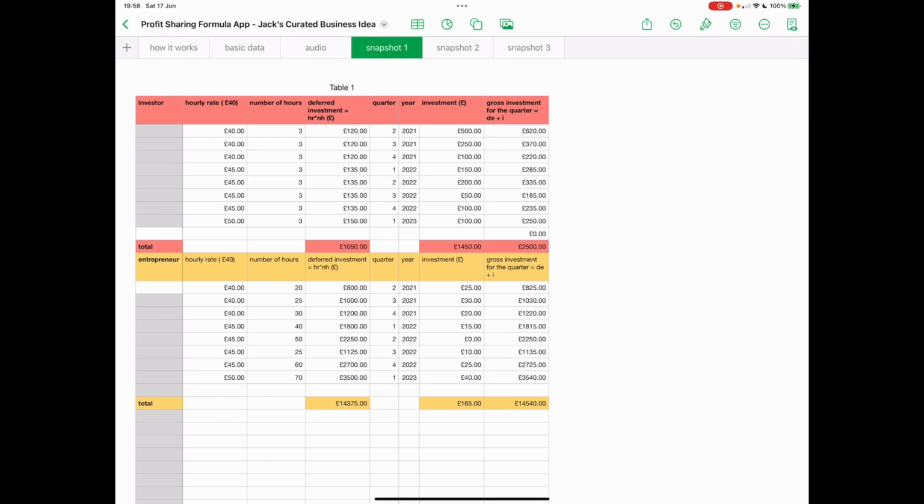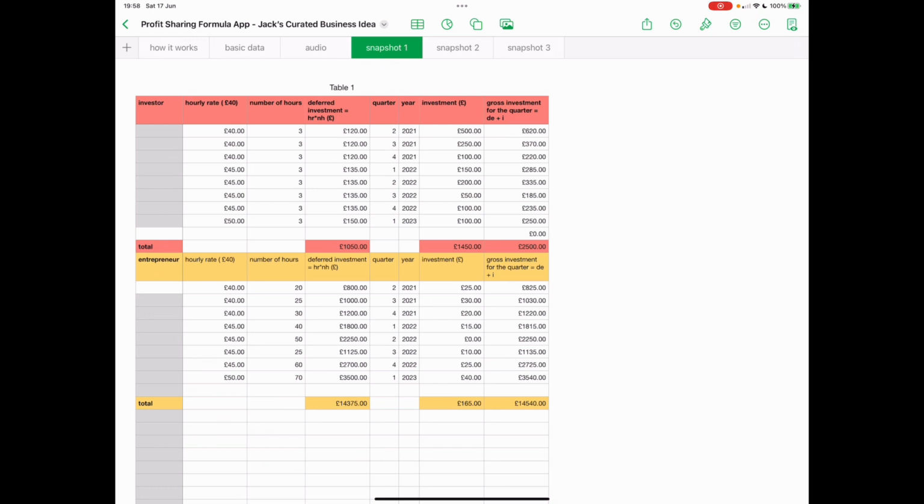The hourly rate is initially £40, then it went up to £45, and then to £50. And the hourly rate is the same for both the investor and the entrepreneur.